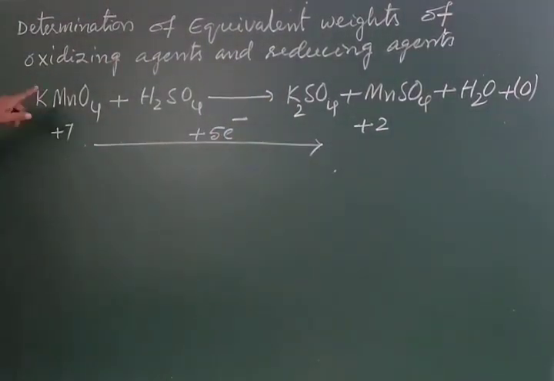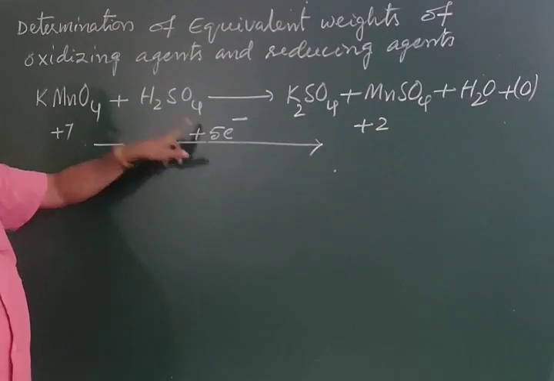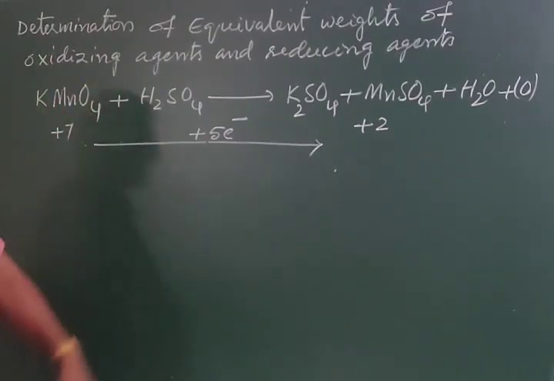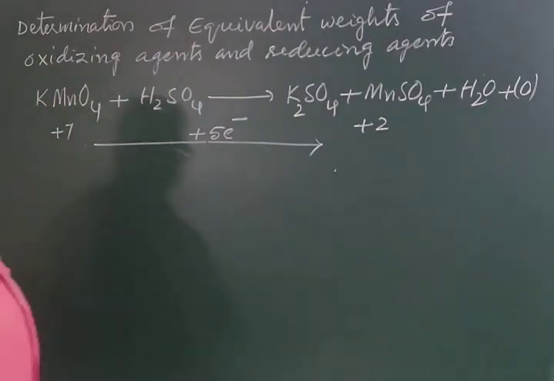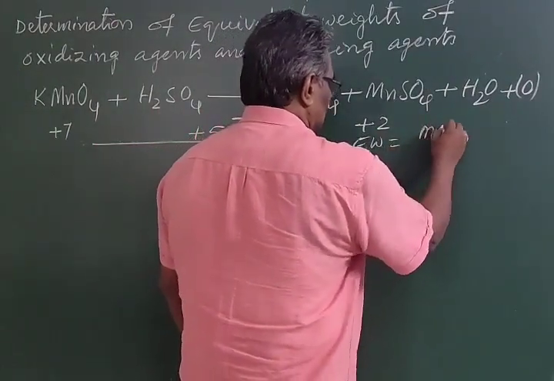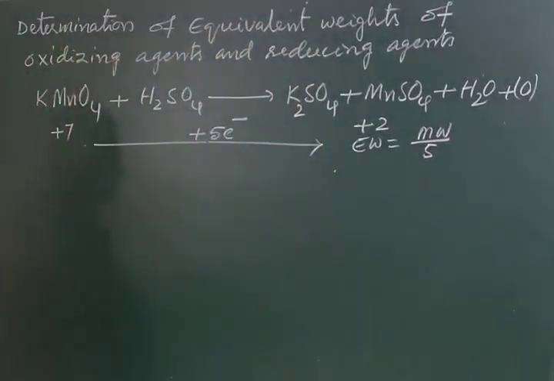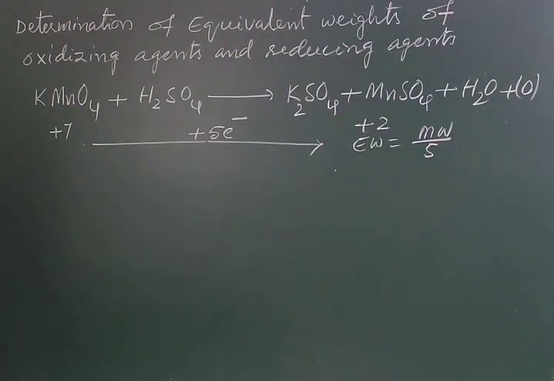One molecule or one formula mass of potassium permanganate gains 5 electrons in order to get reduced, so n factor is 5. So equivalent weight is equal to molecular weight by 5 in this particular condition, that is in the presence of acid.